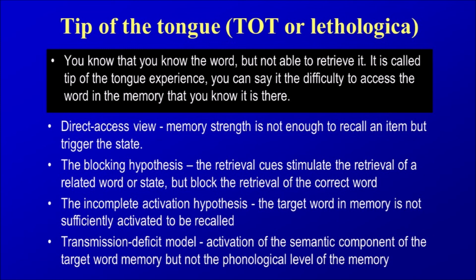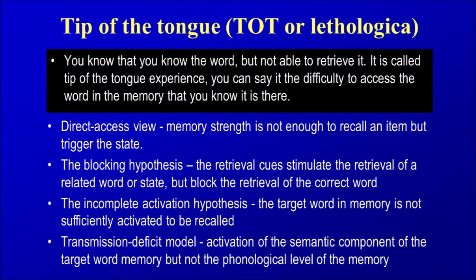Another model that describes the cause of tip of the tongue experience is called transmission deficit model. It says the semantic component of the target word memory is activated, but the phonological level of the memory is not activated. So you can say that whenever we store something in our memory, it has two levels.